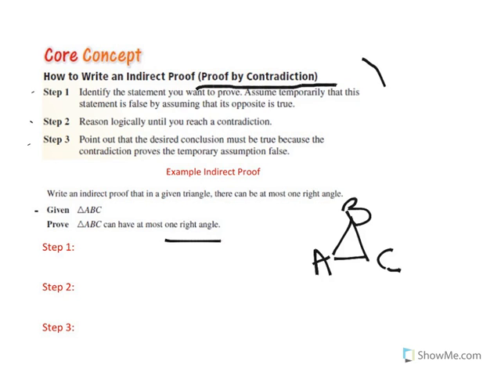We're going to go by these steps. The first step says, identify the statement that you want to prove, and we're going to assume temporarily that this statement is false. So, what are we trying to prove? We're trying to prove that triangle ABC can have at most one right angle.